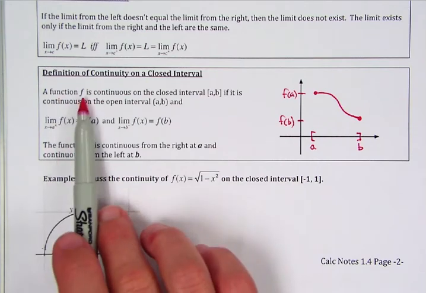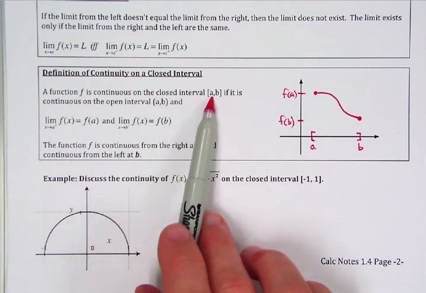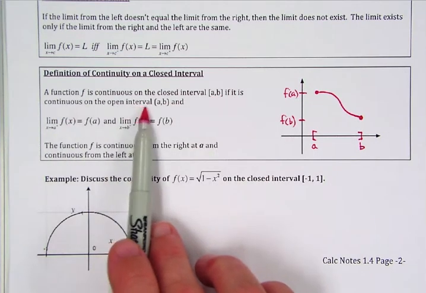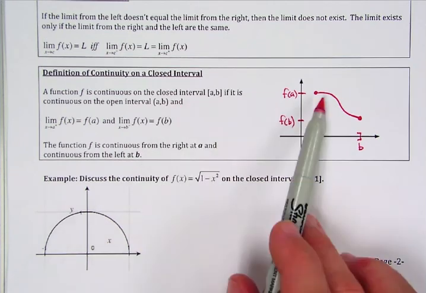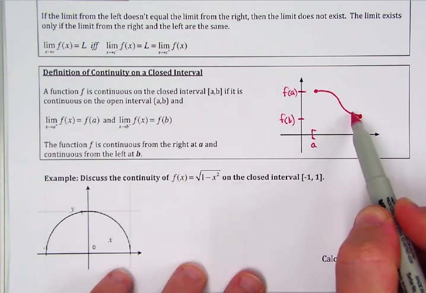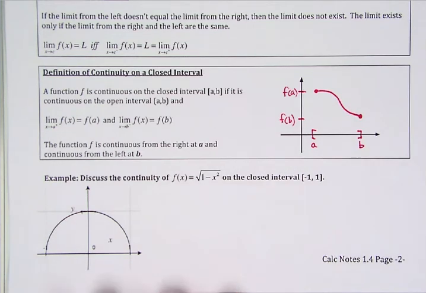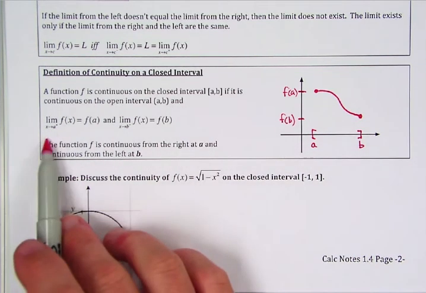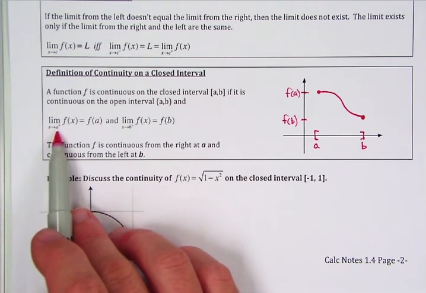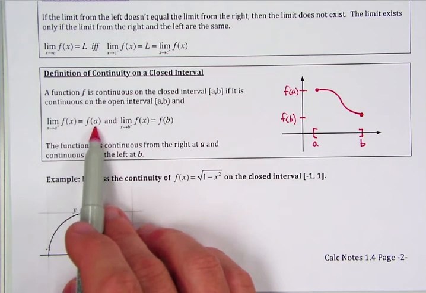A function f, right here, is continuous on the closed interval [a, b] if it is continuous on the open interval (a, b), so meaning all this inside stuff is continuous, which we figured out how to do on the previous page, and the limit as x approaches a from the right side equals f of a.